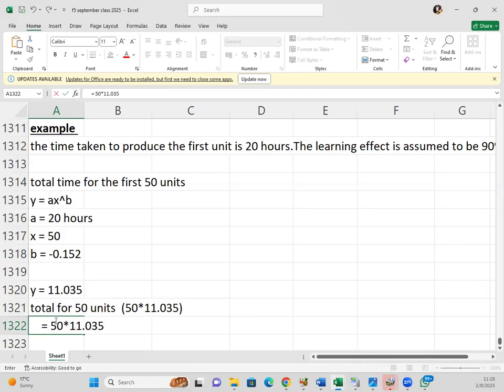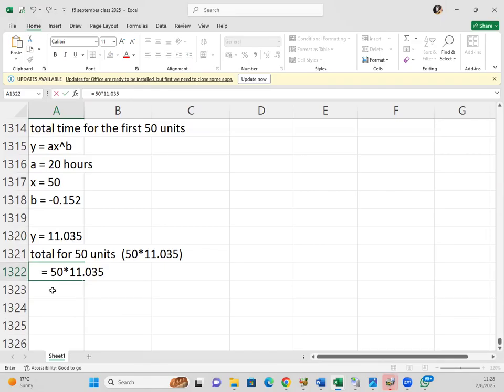What do you get? This is the total time that we need to produce 50 units.